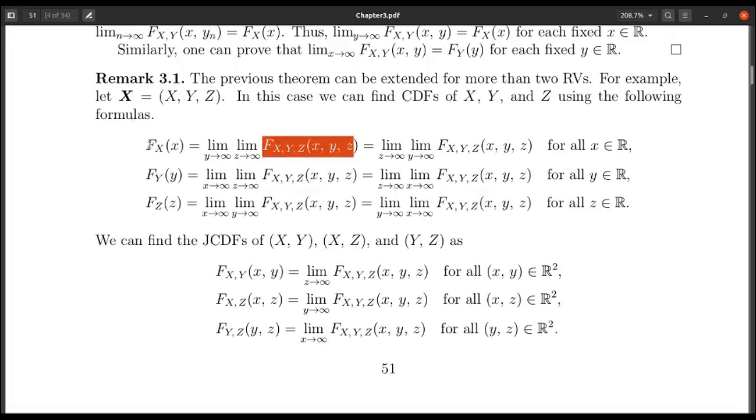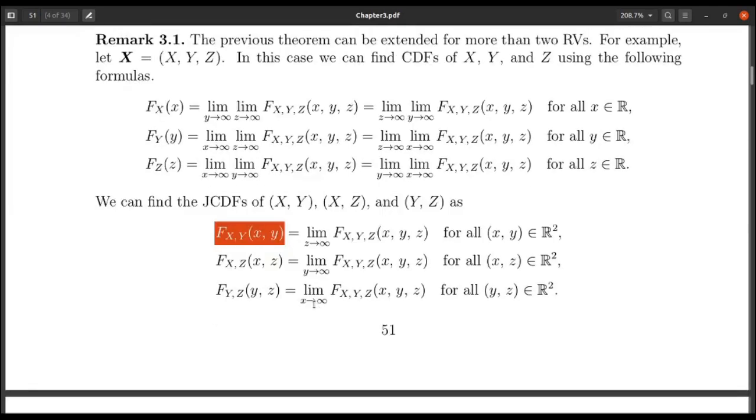And in this context, instead of saying it is the CDF of x, we normally say it is the marginal CDF of x. Similarly, when we talk about the marginal, instead of saying it is the joint cumulative distribution function of x and y, we generally say this is the marginal cumulative distribution function of x and y. So whenever we have a subset, we call it a marginal one. When we have the full one, we call it a joint one. Okay, this is terminology. Both terminologies are used: it is the joint CDF of x and y, as well as the marginal CDF of x and y when the original one is this set.